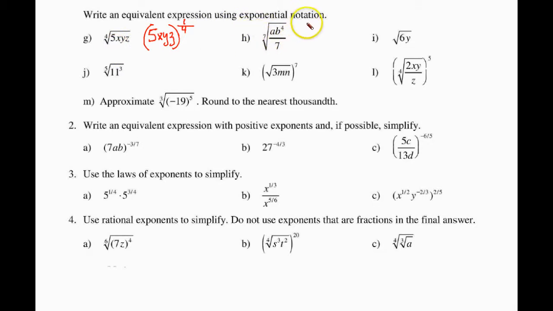And this one again, parentheses, to replace your radical sign, a b to the 4th over 7. And all of this is to the 1st power with our index number 7 being our denominator of the exponential fraction.